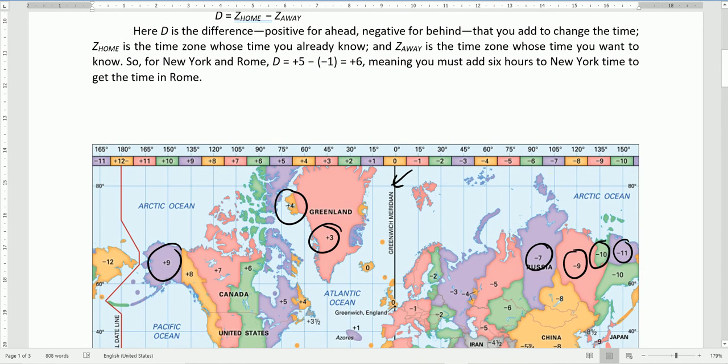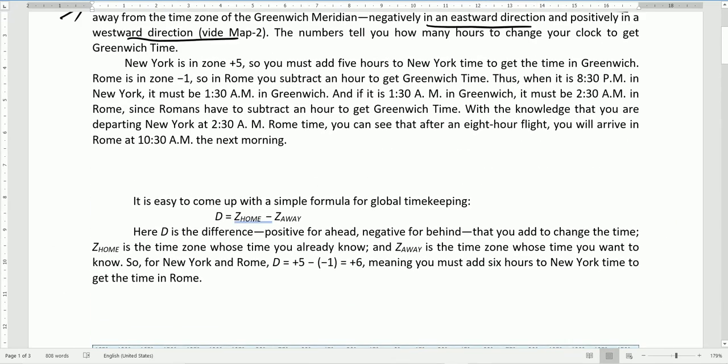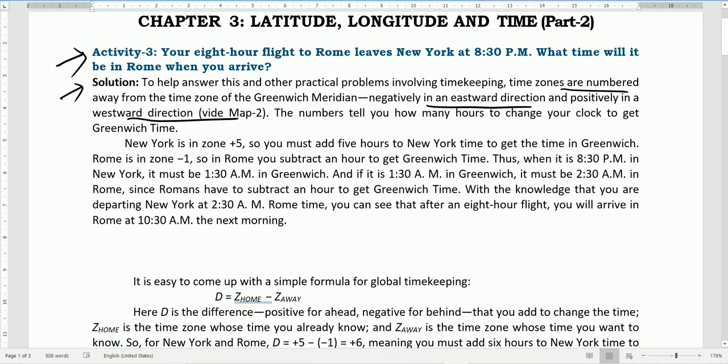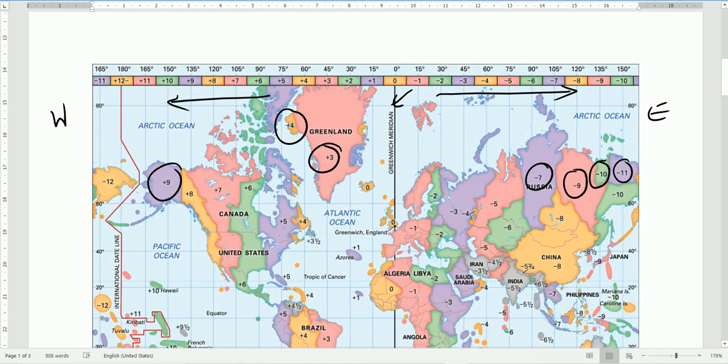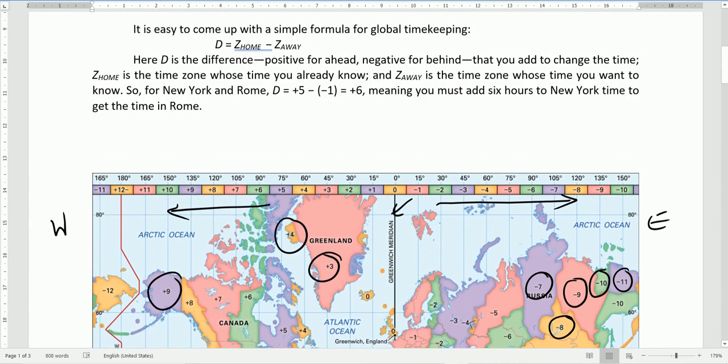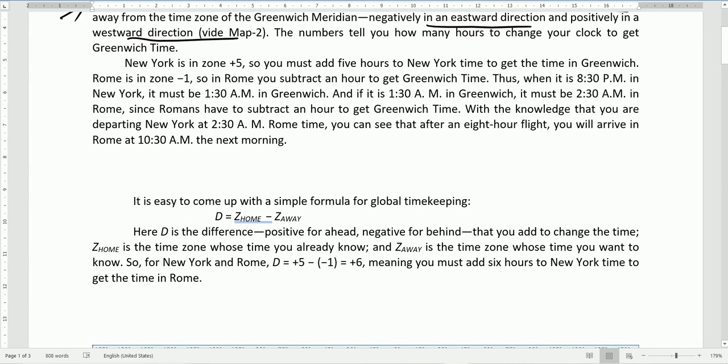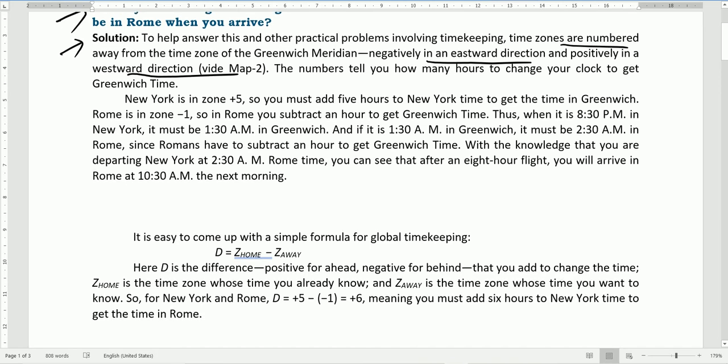You can also see here negatively eastward, positively westward. Here we have east and west. And the numbers tell how many hours to change your clock to get the Greenwich time. So all these numbers tell you how many hours you have to add or subtract to get the time at Greenwich.